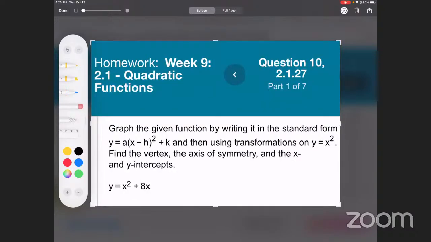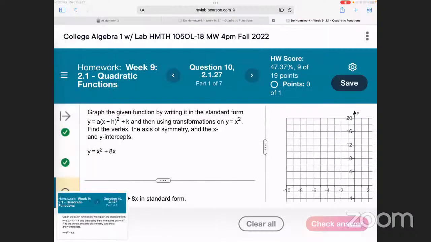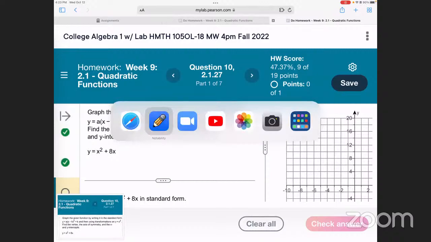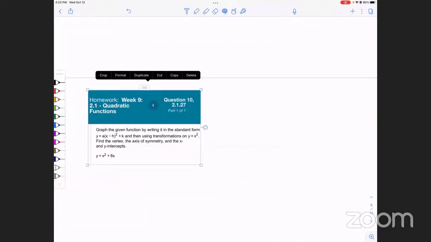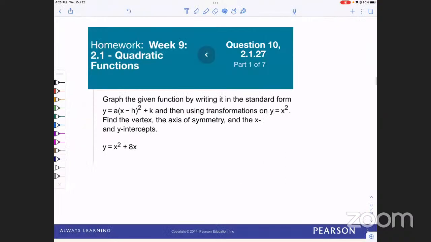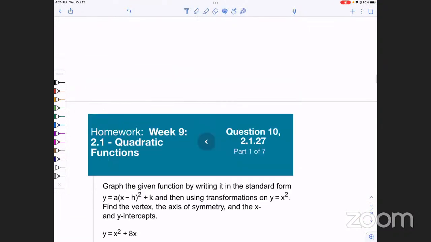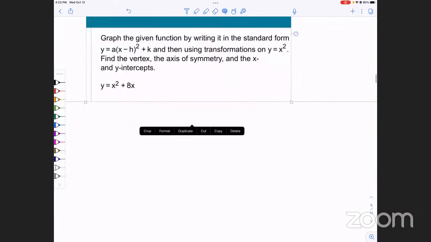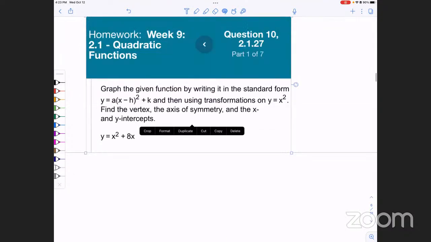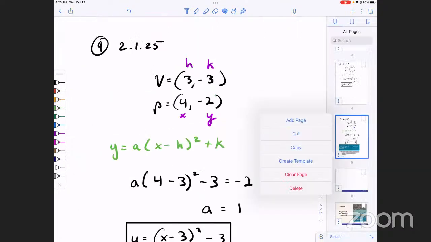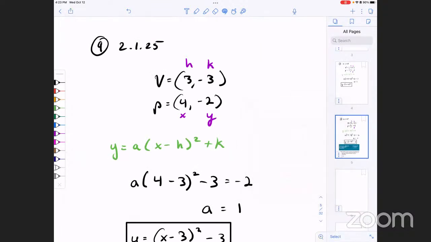All right, we want to take a copy and drop it here. So I'm running out of space. So let's move this. Okay, let's add a page. Let's add a few more pages.